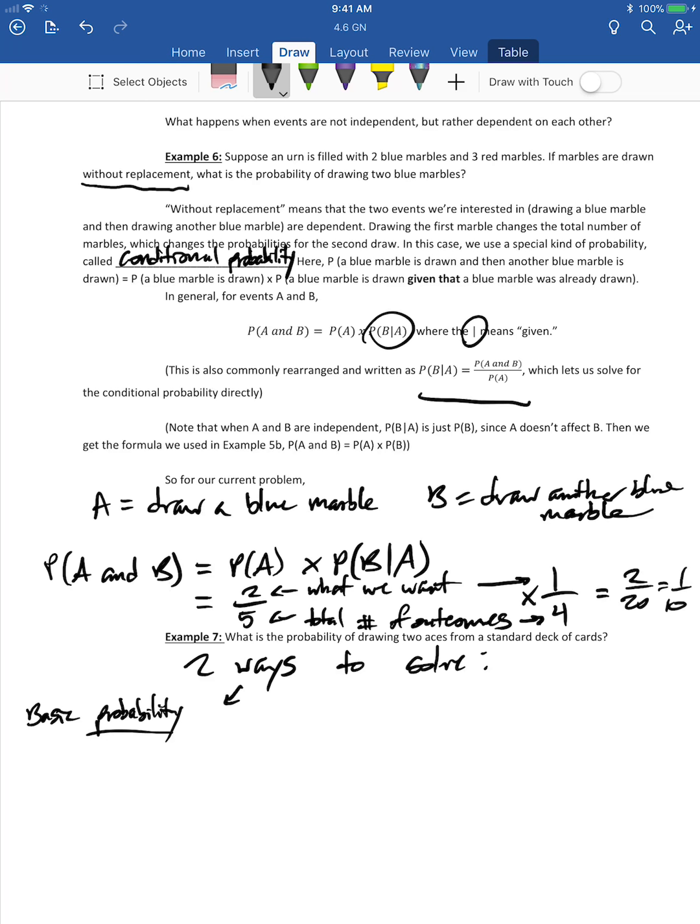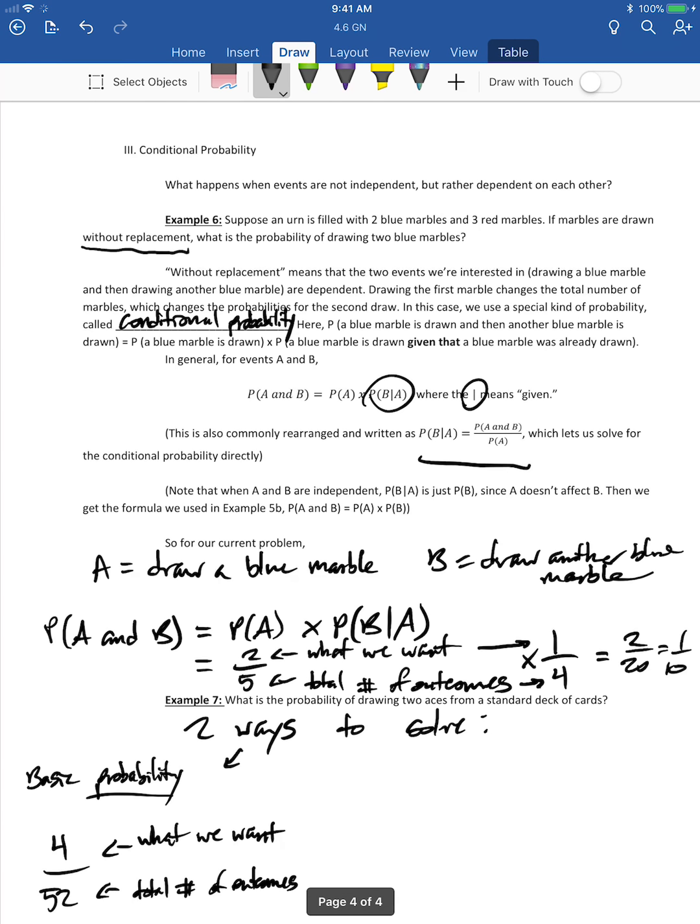All right. How many aces are there total? What do I want? There's 4 aces, and there's 52 cards total. That's for my first draw.